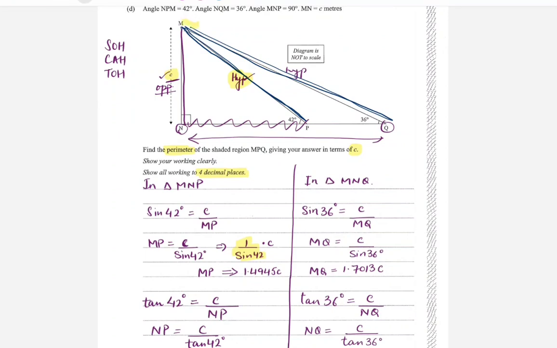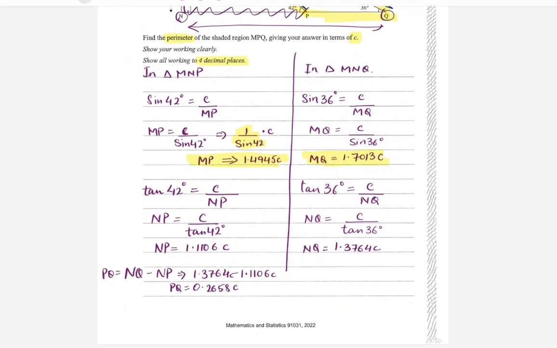Now, in that triangle, let's see what we need. So we need MP. MP, we have the value here. We need MQ. MQ is here. And we need PQ, which we have calculated here.